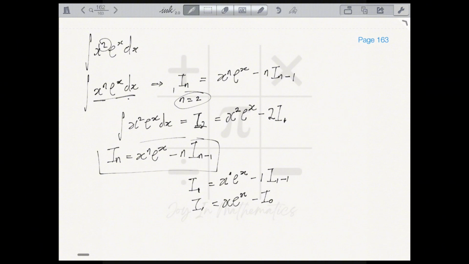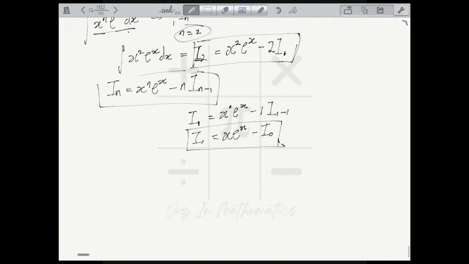In I2, we had an expression for I1, and we have been able to deduce the formula for I1. And in the formula for I1, we can see that I0 is present. How then do we evaluate I0? Let's follow this one again.